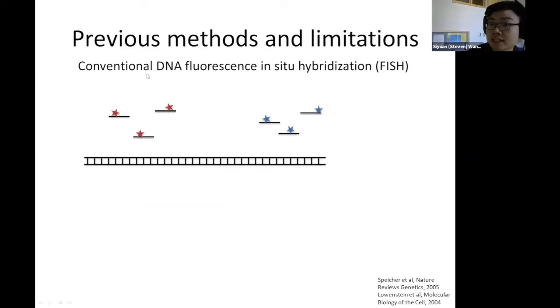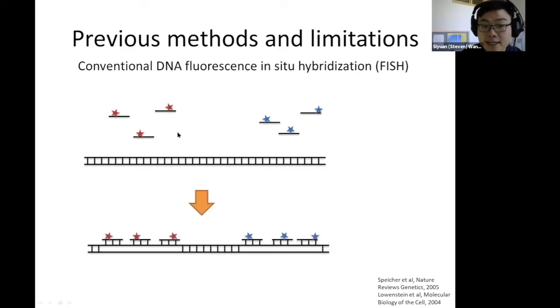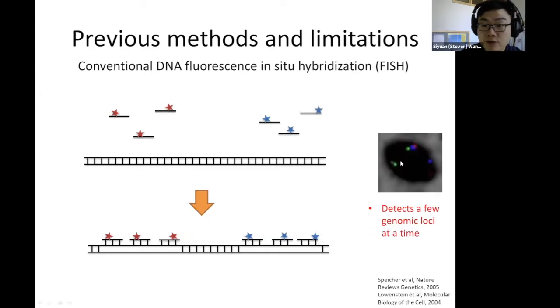In conventional DNA FISH, we have oligonucleotide probes that are labeled with fluorescent dyes. Upon heat denaturation of your genomic DNA, they can hybridize to the genomic target. Then one can use fluorescent imaging to image all these targeted and labeled genomic loci. Because it's an imaging-based technique, you immediately see the real 3D positions of all these labeled genomic loci, and it's very easy to look at single cells.